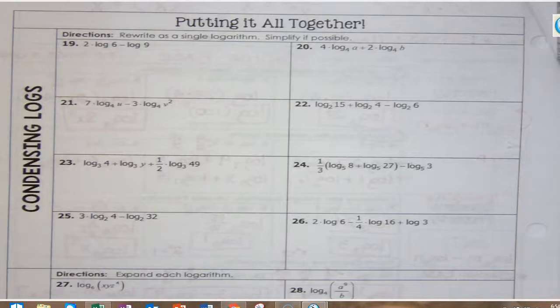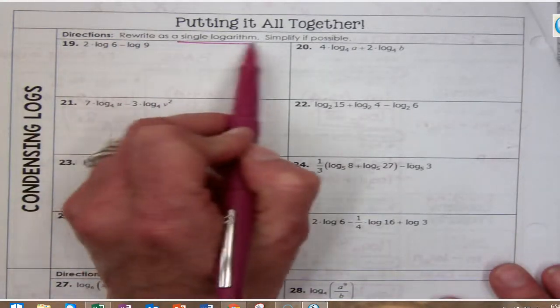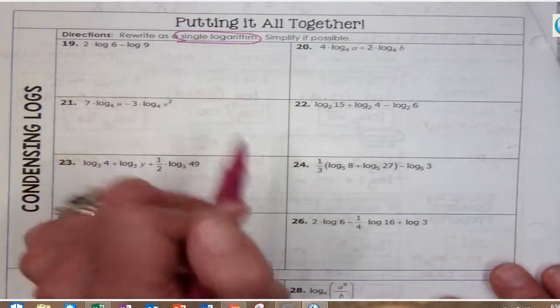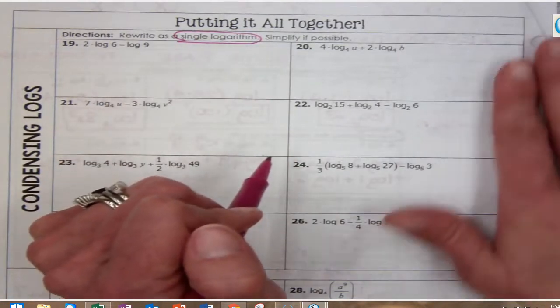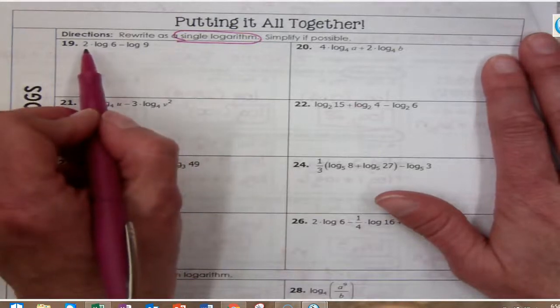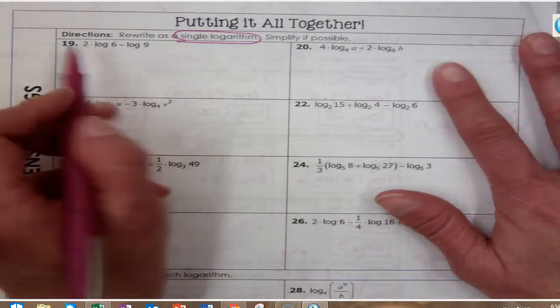All right, so now we're going to start putting it all together. You're going to rewrite these as a single logarithm, and then simplify. So our first thing is we're going to condense this.